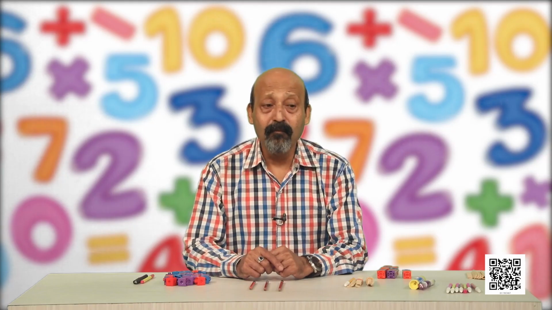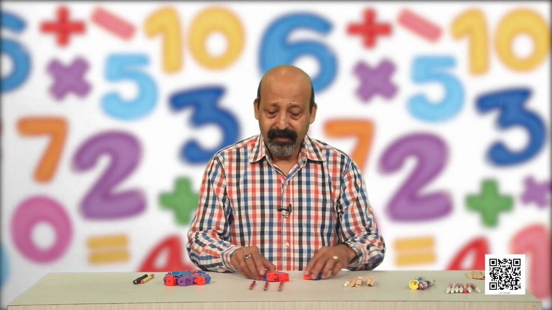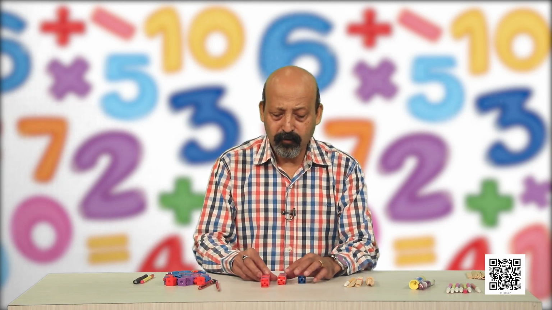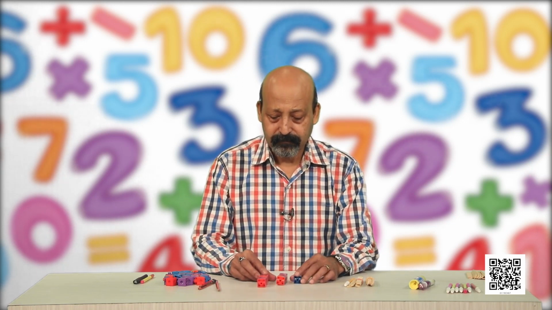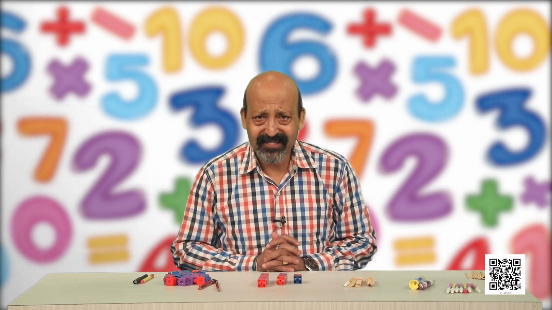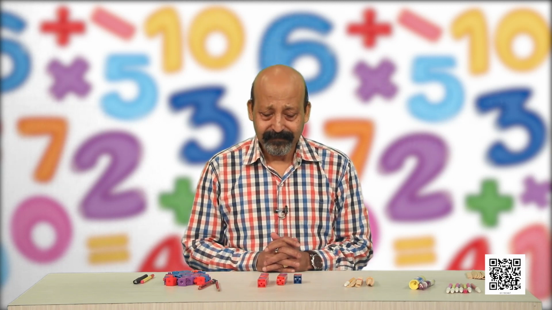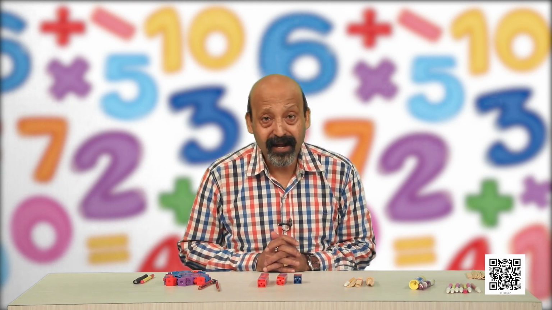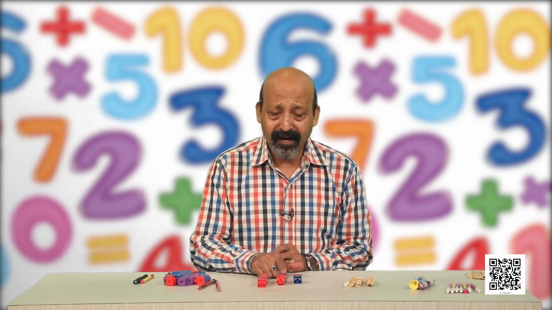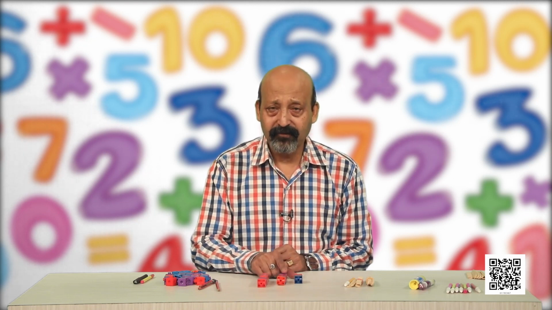Well, let us see some more objects. I have these three groups of blocks. Can you tell me which one is longest and which one is shortest? And how can you tell? Okay, the middle one is longer than this and is smaller than this one.